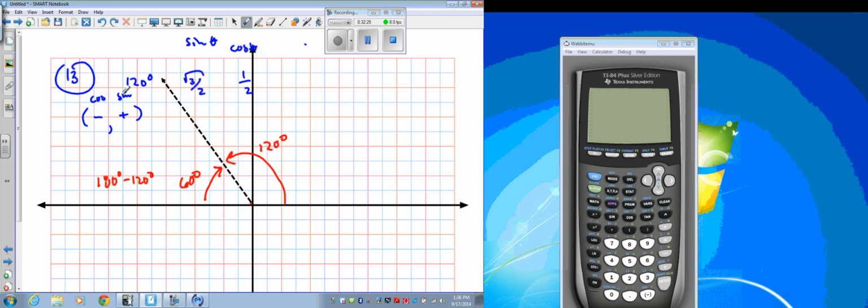So it would be negative 1/2. 120 was the angle, the reference angle was 60. Everyone good with that? The cosine of 60 is 1/2. We're in the second quadrant, and in the second quadrant the x value is negative, and that's the one related to cosine. So it's a negative.